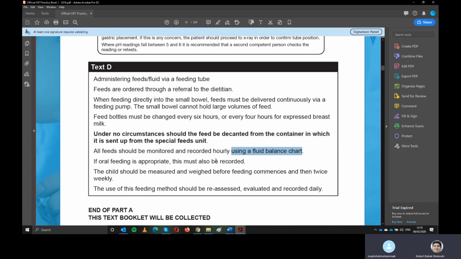Oral feeding is appropriate. This must also be recorded. The child should be weighed, reassessed and recorded daily. So did we have any alternative here? It talked about oral feeding.